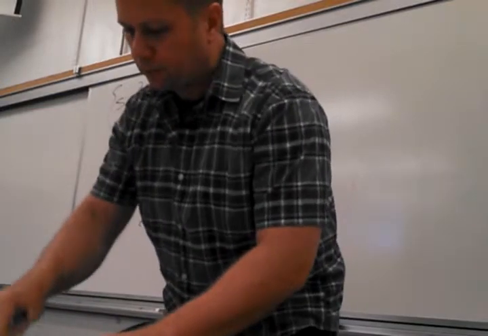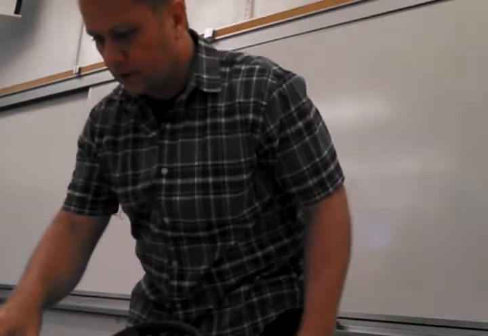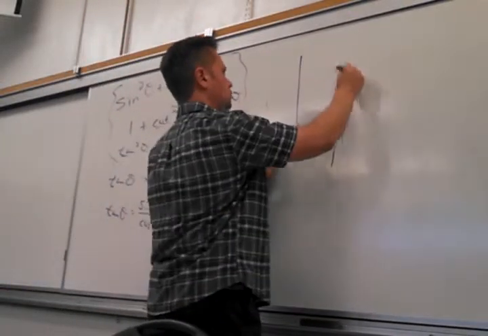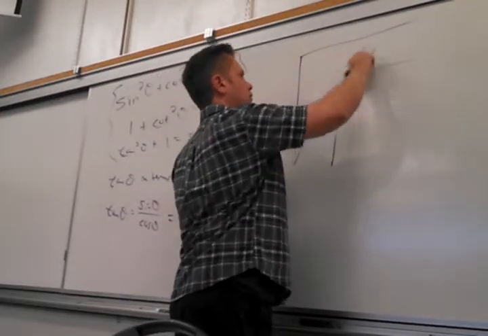So the whole idea of this problem is, how long can that pipe be so that it'll make that turn? As it is sitting there currently, here's the turn we're going to try to make.